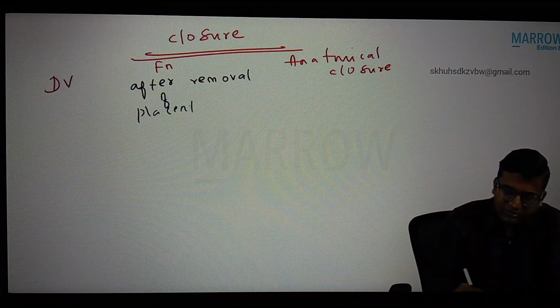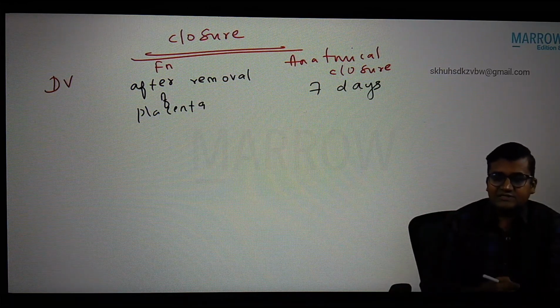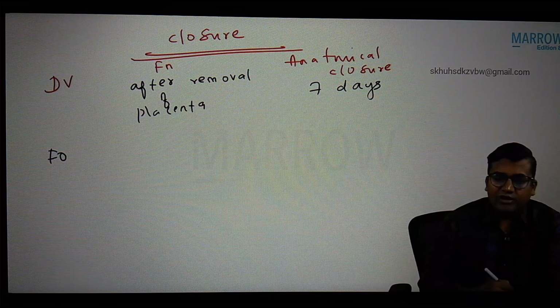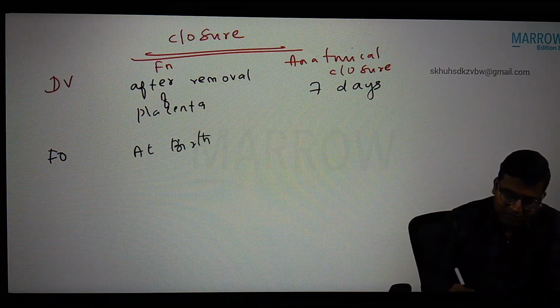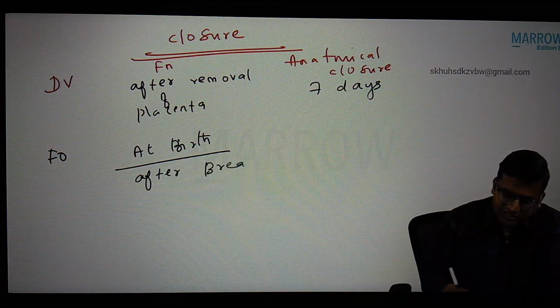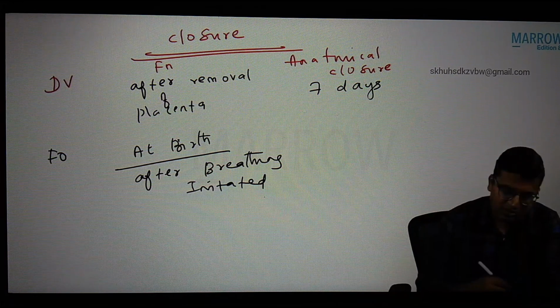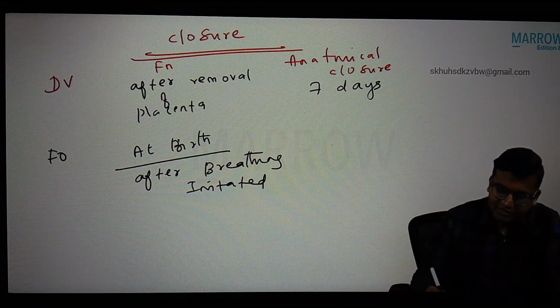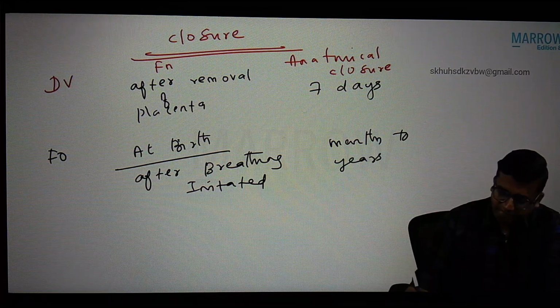After the removal of the placenta, anatomical closure occurs after 7 days. Now the foramen ovale will close at the time of birth after breathing is initiated. The foramen ovale anatomical closure will take months to years.